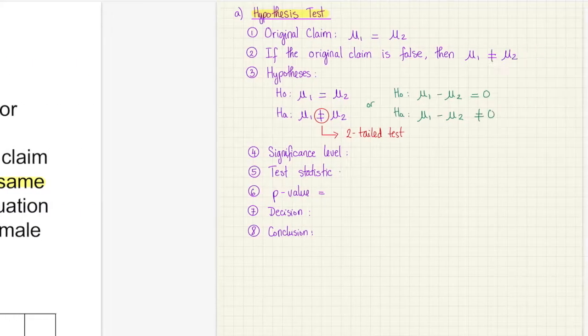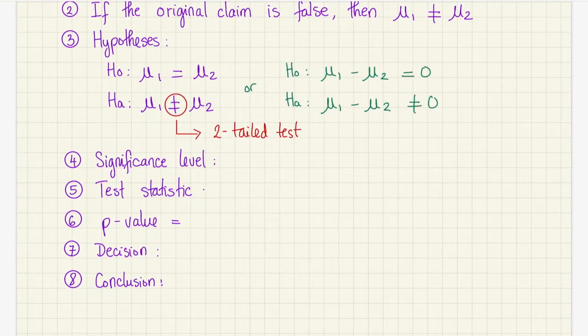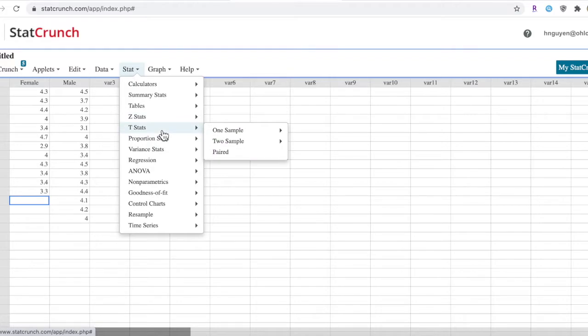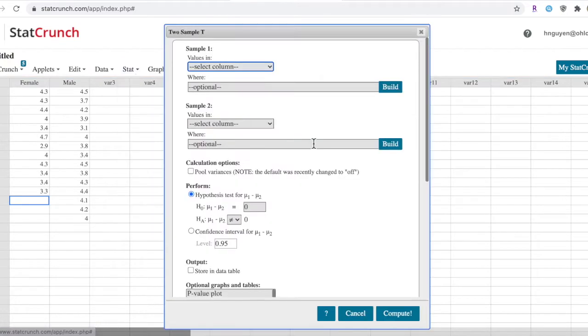Significance level is 0.05. I will use StatCrunch to find my test statistic and my p-value. I have imported the data into StatCrunch. The first column is the data of female and the second column is the data of male. Stat, T stats, two sample, with data, because right now I'm given the raw data.